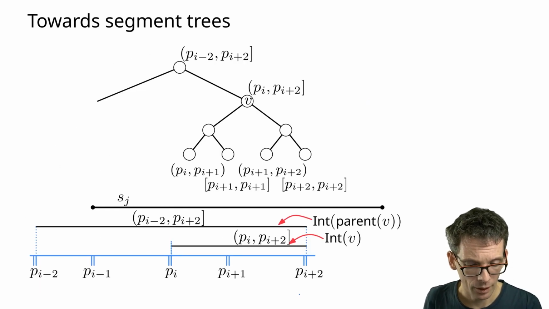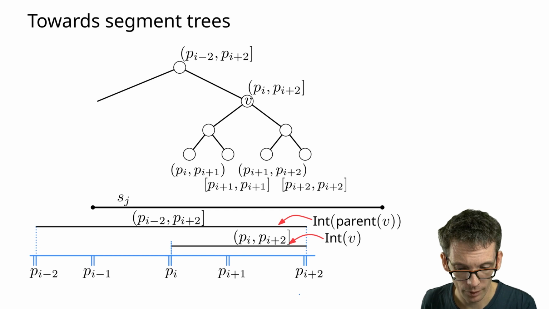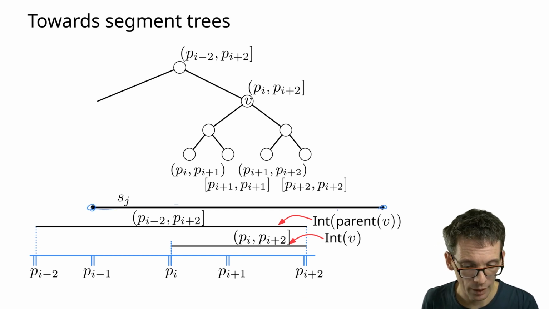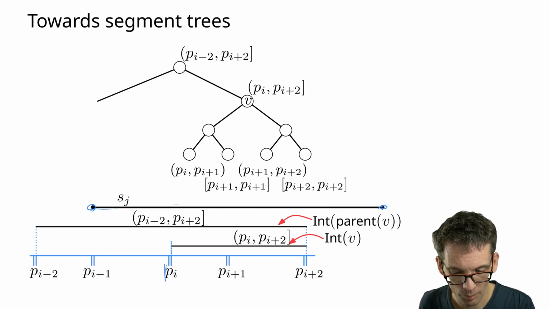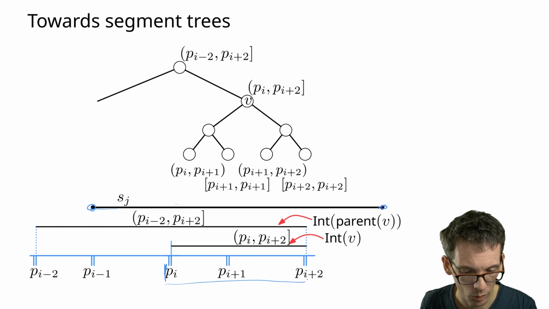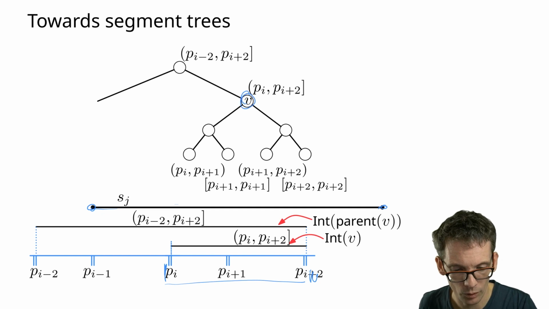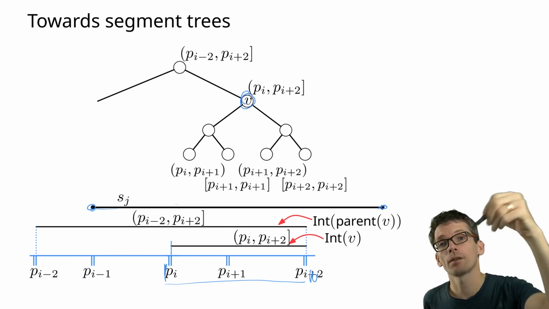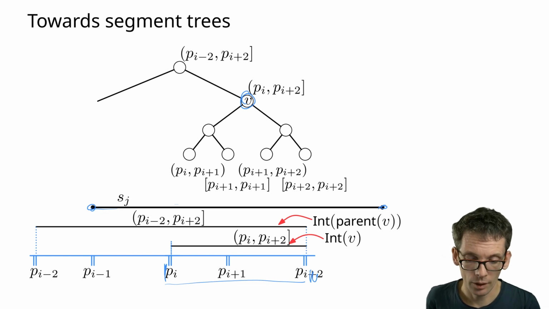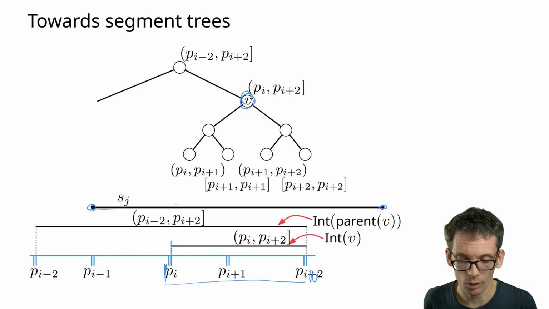So let's say I'm looking at Sj here. Now Sj completely covers the interval from pi to pi plus 2, and that is the interval corresponding to this node. That's why I could store it at that node, if the segment does not also cover the parent.